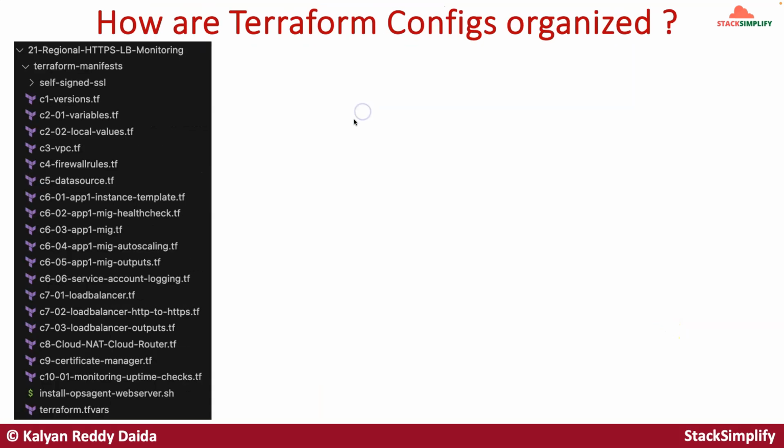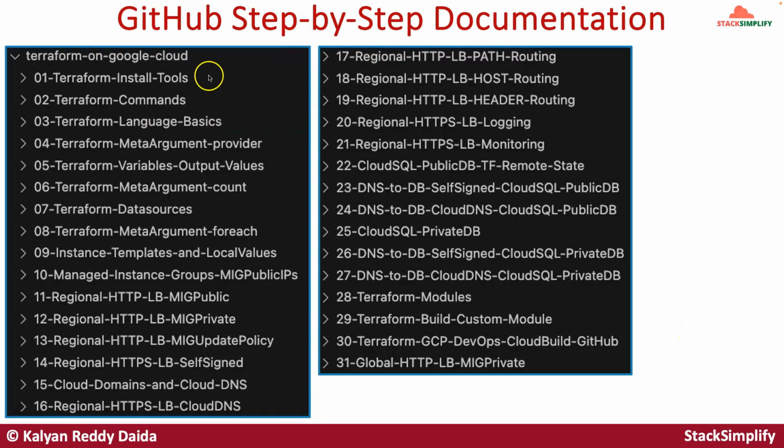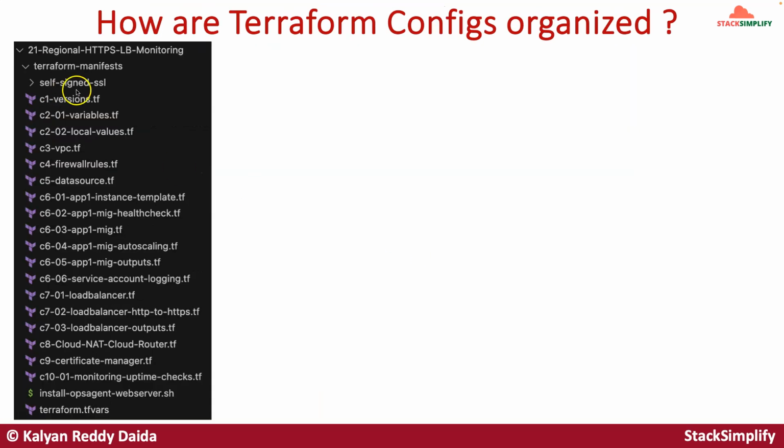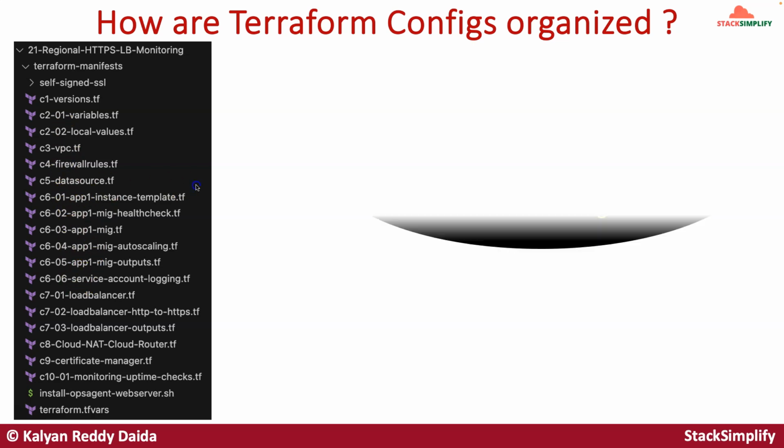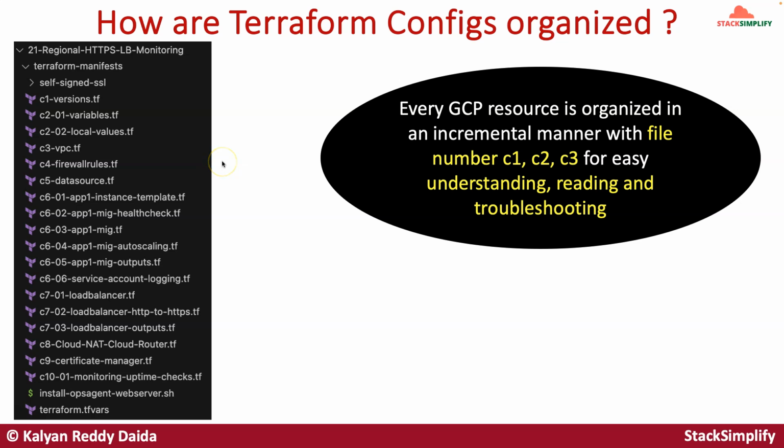We are going to have a detailed GitHub step-by-step documentation for all these demos. For each demo, when you see the Terraform manifest folder, which is the Terraform working directory, you will have all the Terraform configurations ordered in a nicer way, so that you can easily understand them, read them, and troubleshoot them whenever you have an issue.